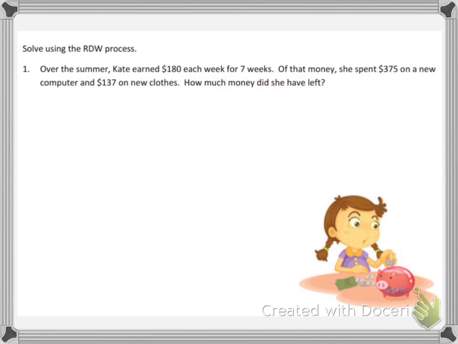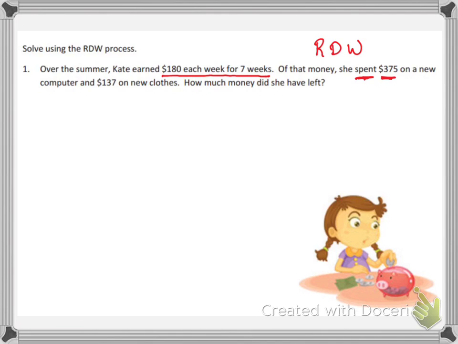All right, so we are going to be using the read, draw, and write method. So we just read it, but we need to read it again and find those important words and phrases that will help us understand and solve this problem. So over the summer, Kate earned $180 each week for 7 weeks. Of that money, she spent, there's that word spent, $375 on a new computer.